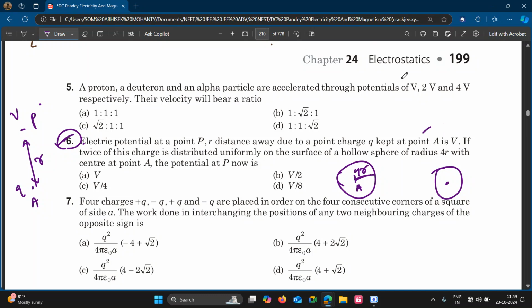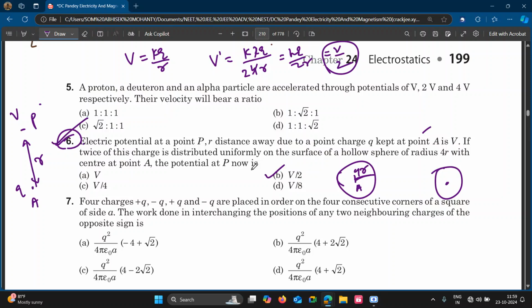So first, if we calculate the potential, V is equal to KQ by r. Now twice the charge is distributed, so V dash is equal to K 2Q by the radius of the hollow sphere, 4r. So that is KQ by 2r, which is V by 2. Very simple question. Nothing is there. The hollow sphere is just there to confuse you. So the answer is V by 2.